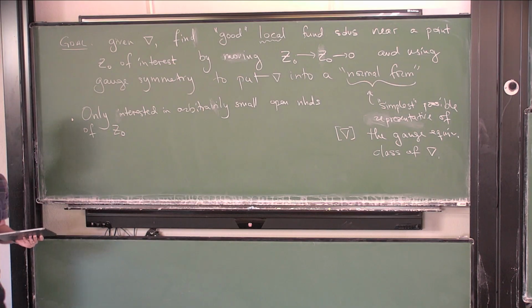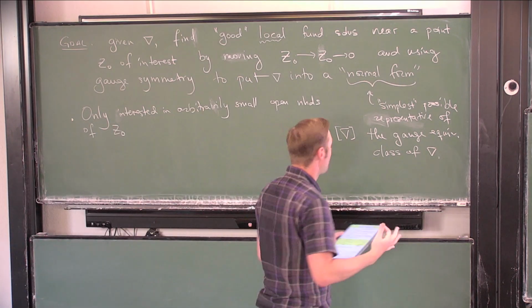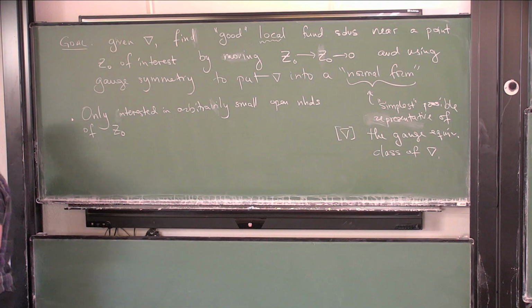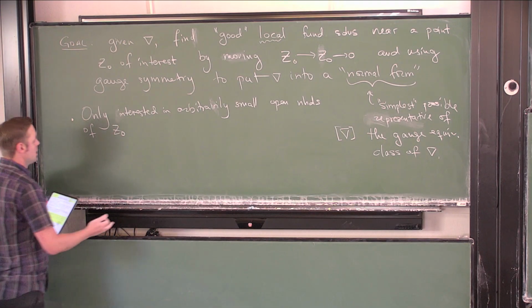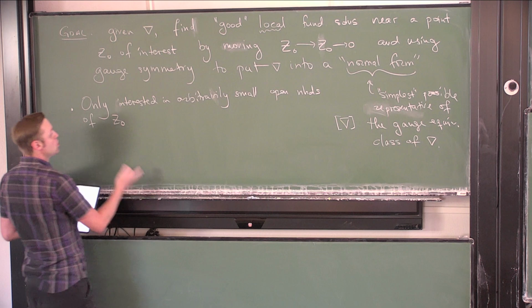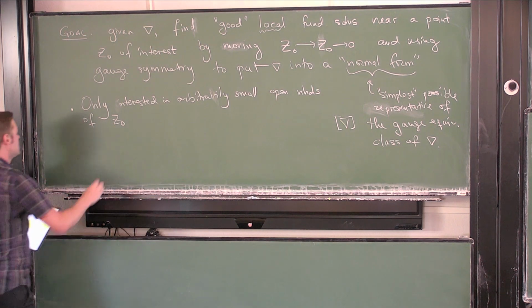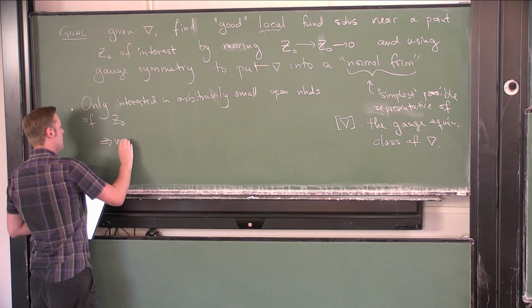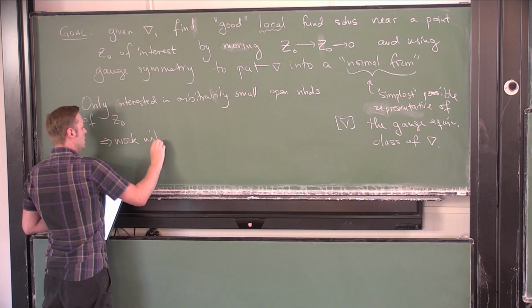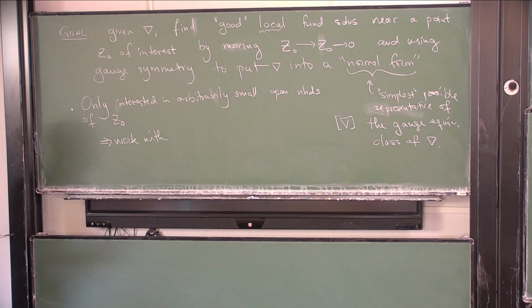And so there's a tool in complex geometry, or in geometry in general, that is really helpful to work with such situations. And it's the concept of a germ of a neighborhood.